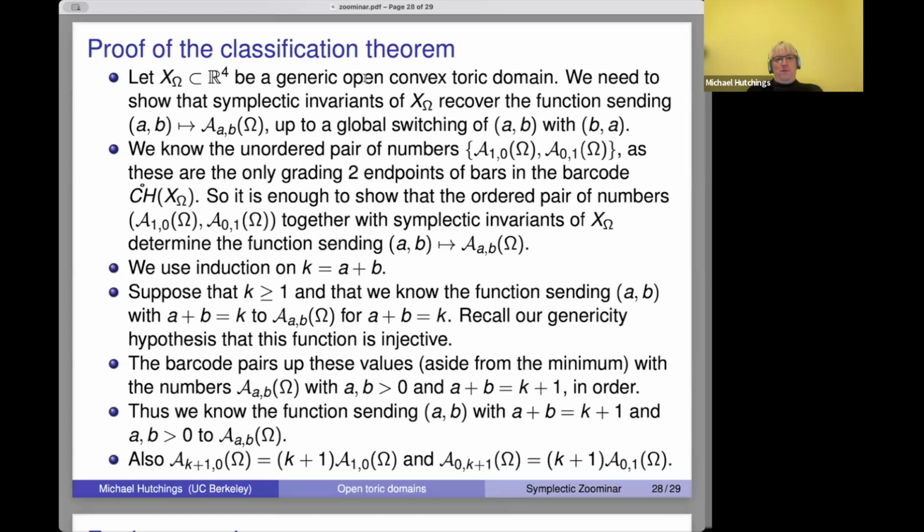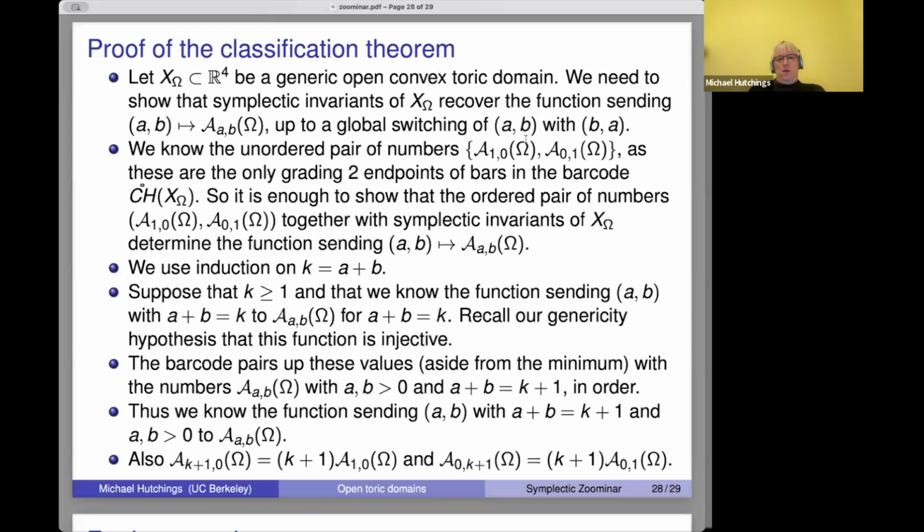And I need to prove that some symplectic invariants of X_omega, in this case, obviously, it's going to be the barcode that we've been talking about, recover the function which sends a pair A, B to the action A_AB. And of course, I'm only hoping to prove that I recognize X_omega up to reflection of omega. So I need to prove that I recover this function up to a possible switching of A, B with B, A everywhere.